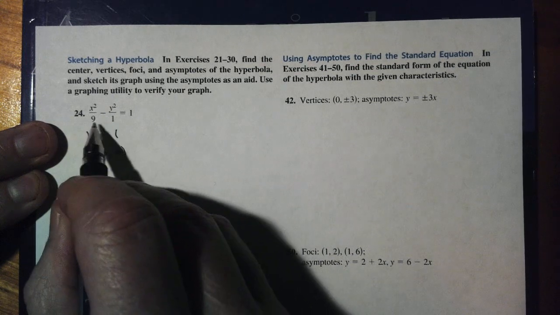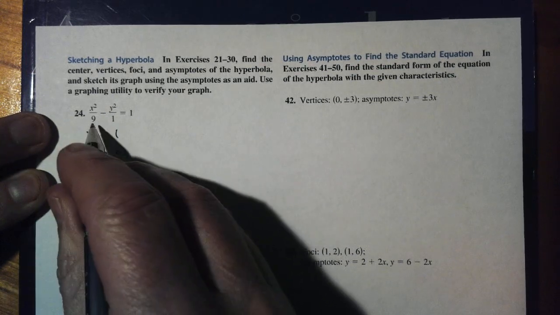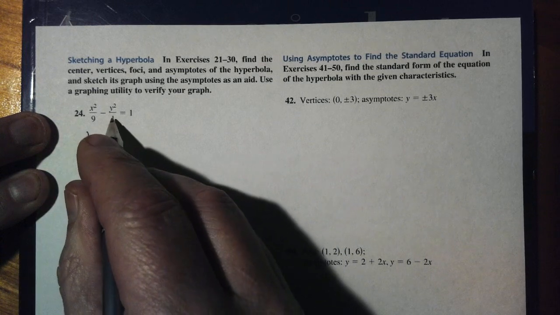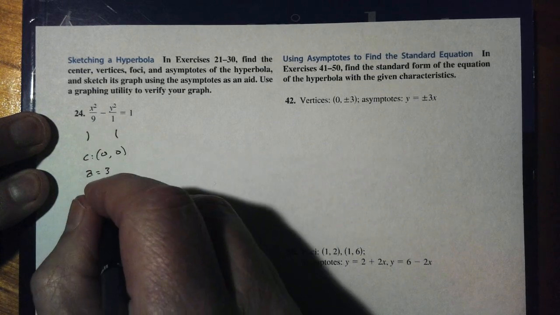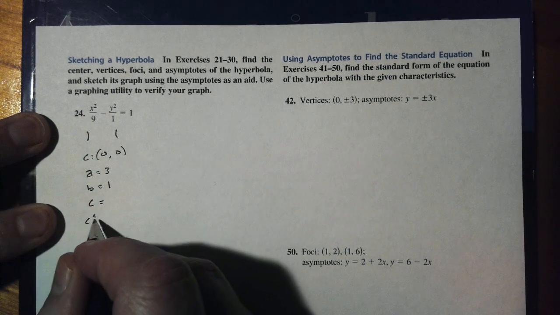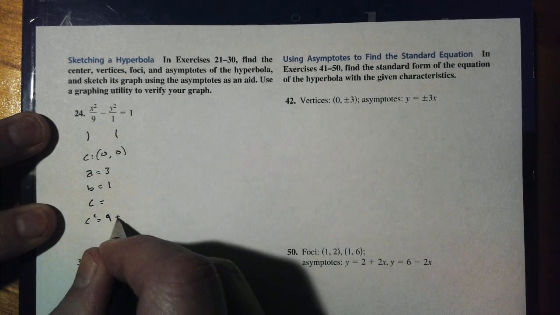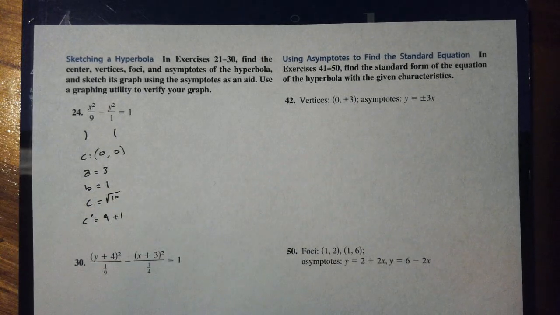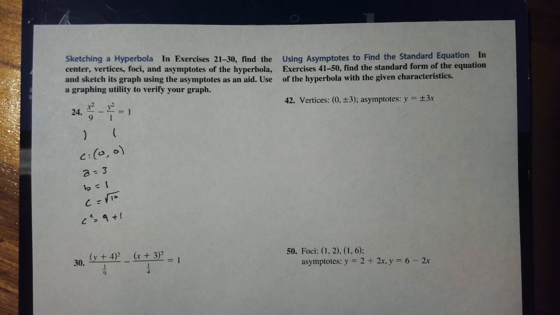It's not necessarily the biggest, it's the one with the positive. A is square root of 9, 3. B is square root of 1, 1. C, if I need it, c squared equals a squared plus b squared. C is square root of 10. Suspect I'll need those when I talk about the foci.